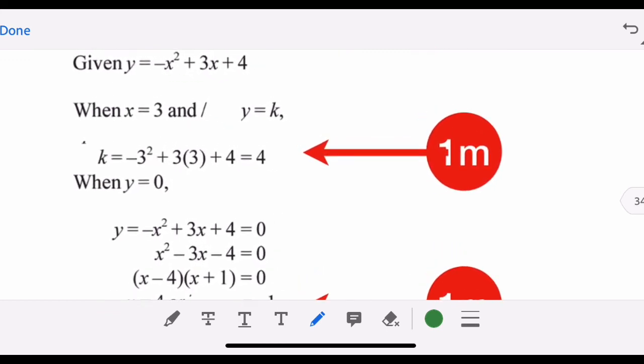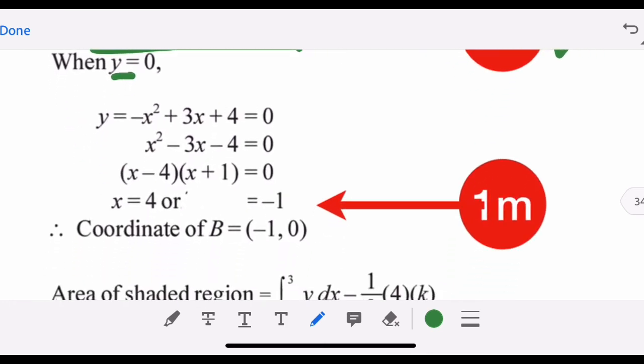So the answer that is entitled for marks will be like this. Your y equal to k, and because you showed how you substitute the 3 inside, that is 1 mark. If you find point B by letting y equal 0 and factorizing, you get 1 mark.